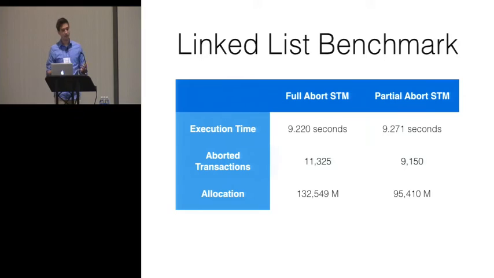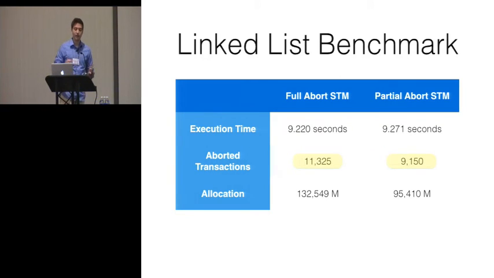We implemented this in Manicore, and we found that our partial abort implementation actually performs marginally worse than our full abort implementation. This is strange, given that our partial abort implementation is aborting 2,000 fewer transactions than the full abort analog.